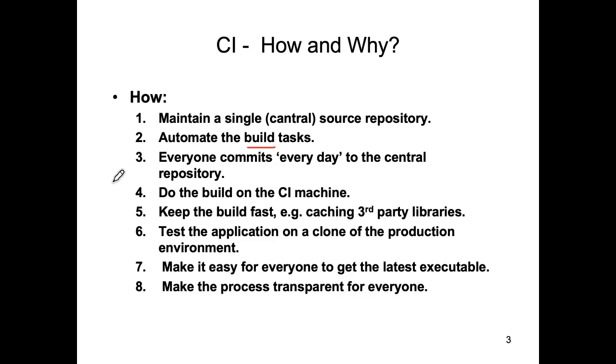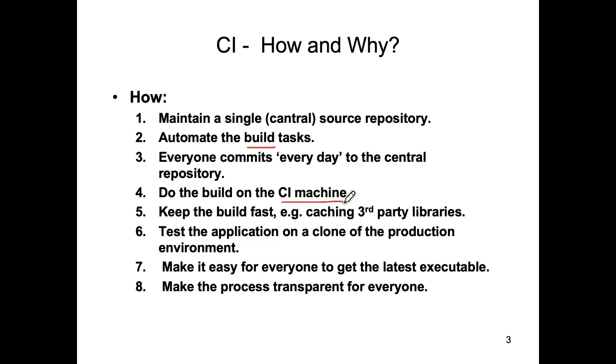Number four says that we don't want to do this automated building on our local machine, or maybe the team leader does it on their local machine. The automated building, in other words, the continuous integration, has to happen on some server that everybody has access to.